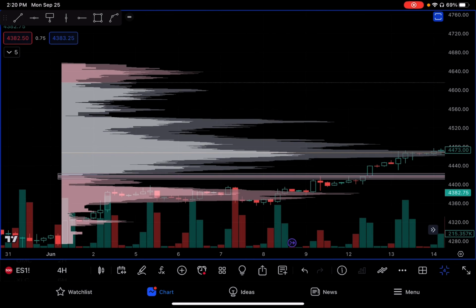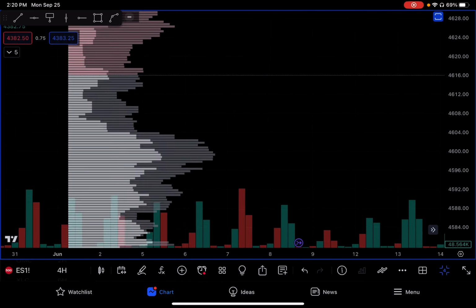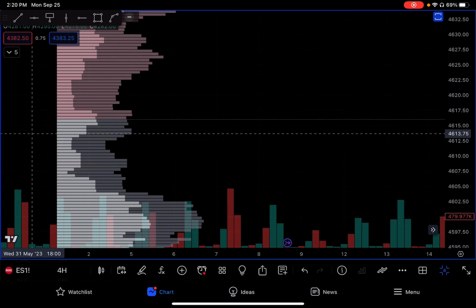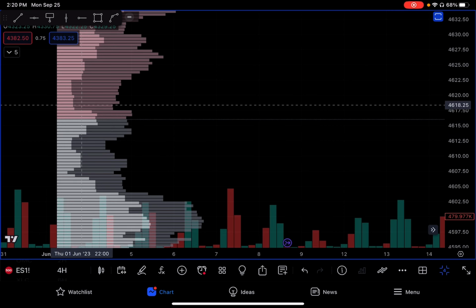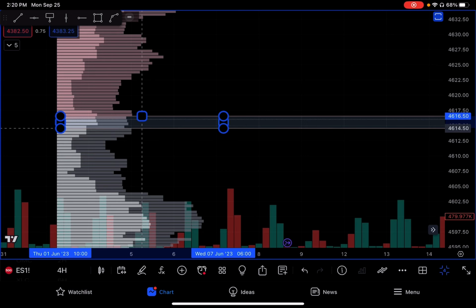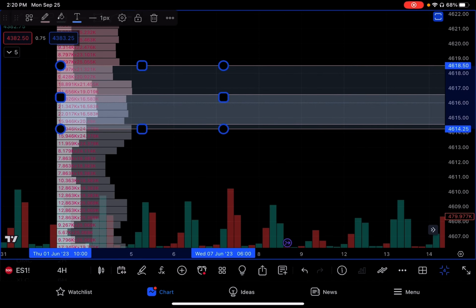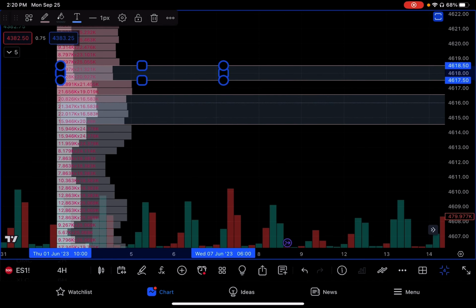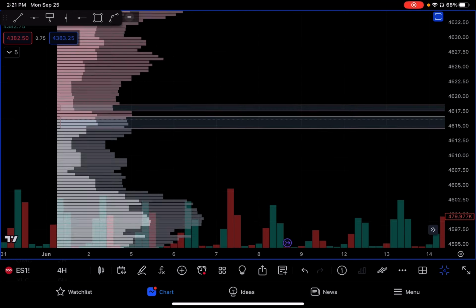Now let's go to the top and find our LVN out of value that separates it from value. All right, so there's actually kind of like this little HVN right at that border. So I'll put one here, but then I also want to know this one here. Basically what I like to tell myself when I'm trying to do this is what LVNs are going to tell me that price is not accepting the liquidity above, or what LVNs are there that price will tell me it's not accepting the liquidity below.